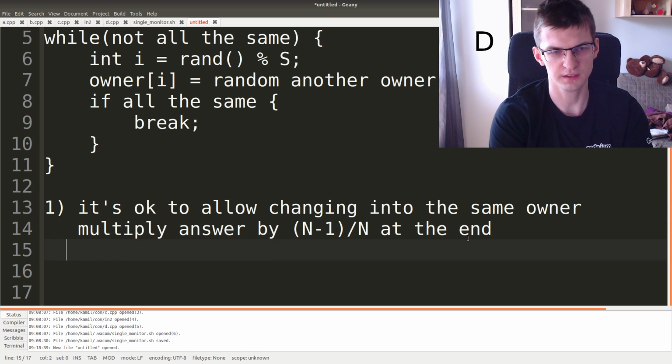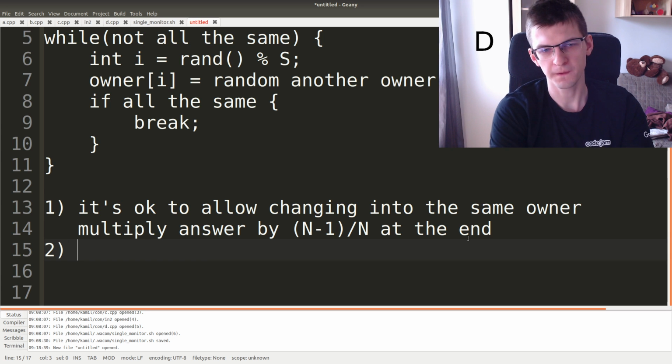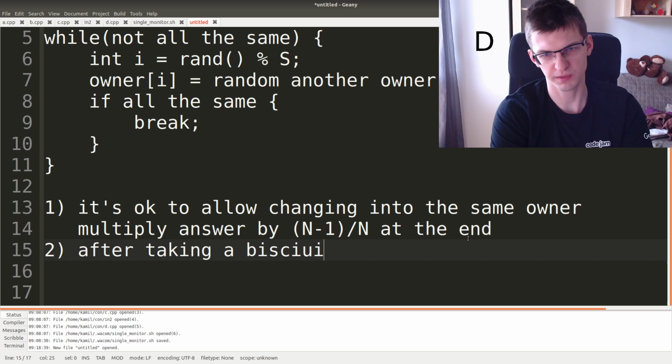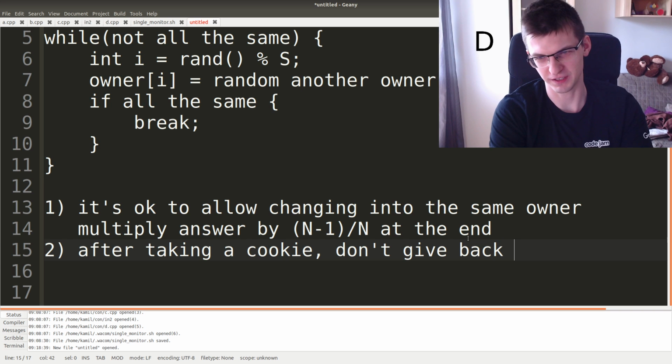Then second, after taking a biscuit from somebody, can I use cookie? Cookie is an easier word. After taking a cookie from somebody, don't give it back to anybody until the game can be done.